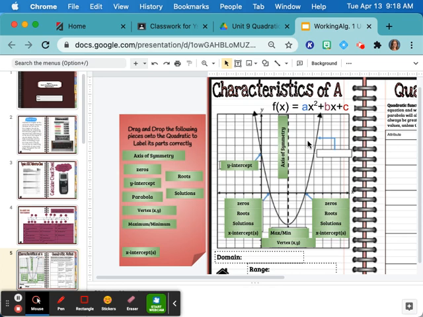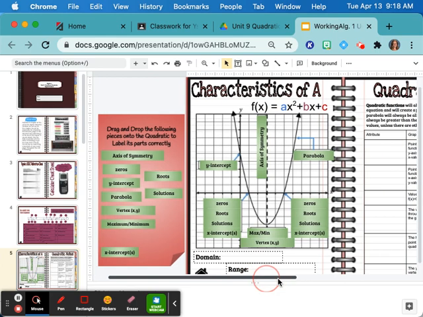The what? It's the shape of the graph. Do y'all know how to say the shape of the graph, what it's called? Parabola. Y'all say it. Parabola. Okay. Parabola. Okay, so we have everything labeled.